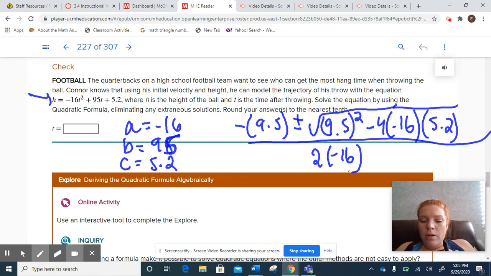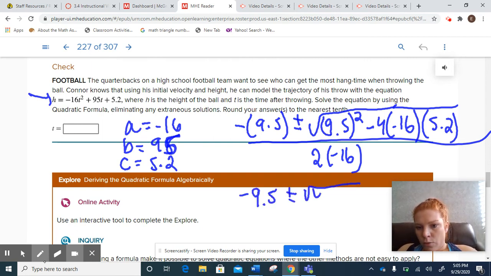Okay, 9.5 squared minus 4 times negative 16 times 5.2. I got negative 9.5 plus or minus the square root of 423.05. Don't round until the very end.